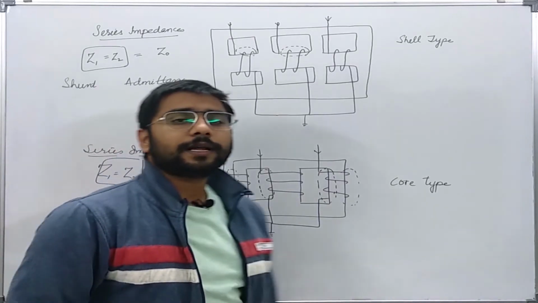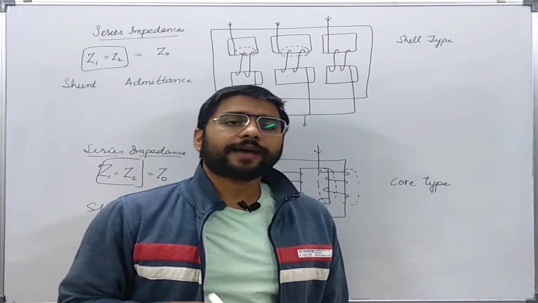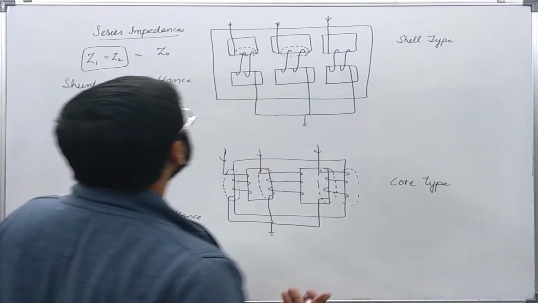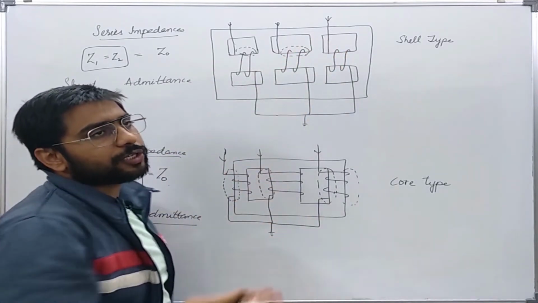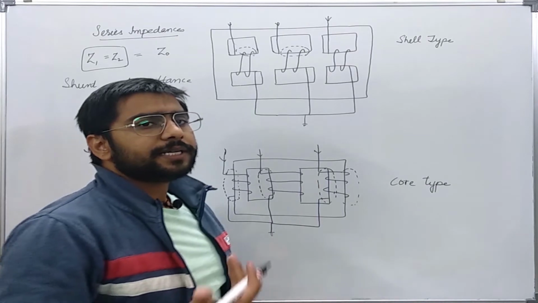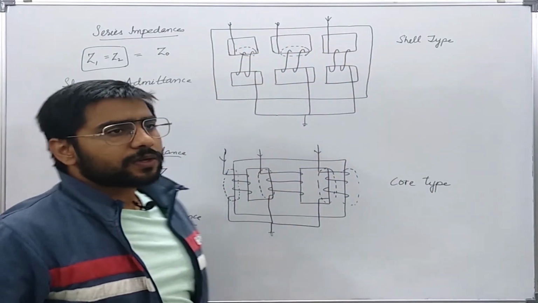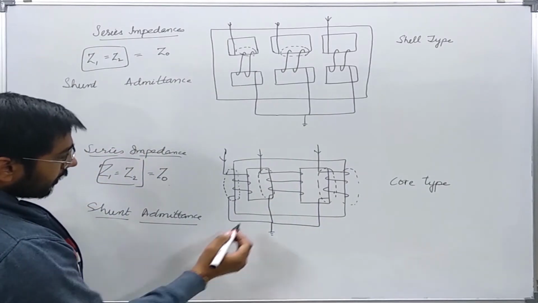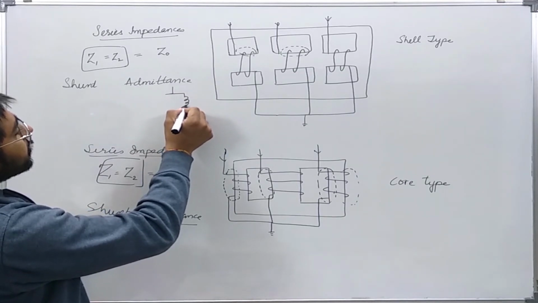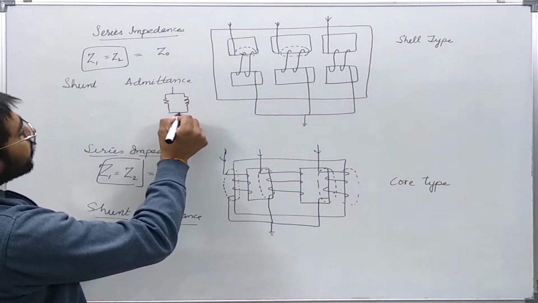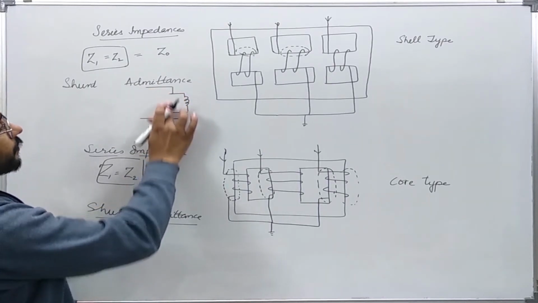Now as I already told, the shunt admittance is the admittance offered to the flow of excitation current. Now you see that the positive sequence flux or the negative sequence flux will have the same path in the iron as well as air. So the sequence admittance, this is the admittance offered, although we have neglected this part.